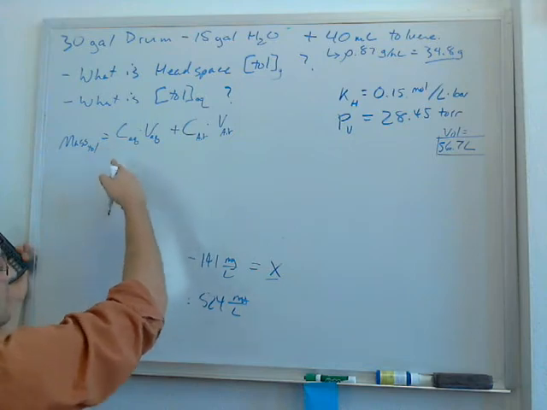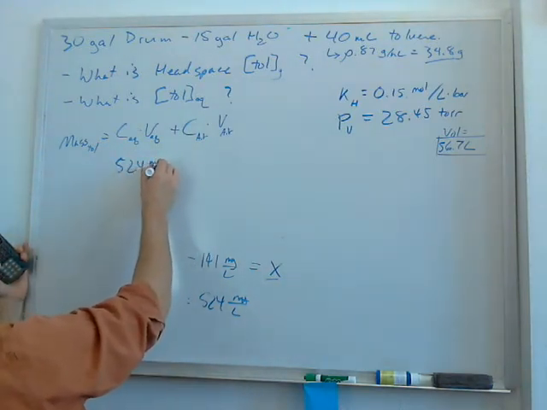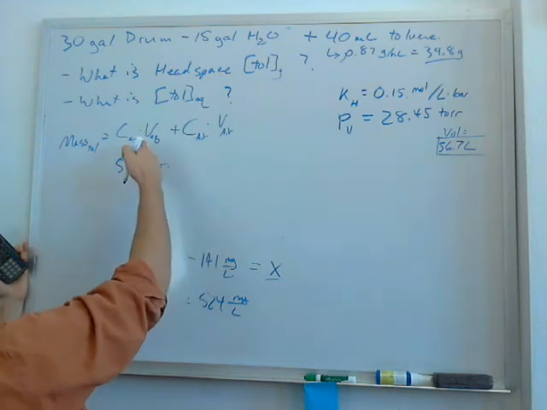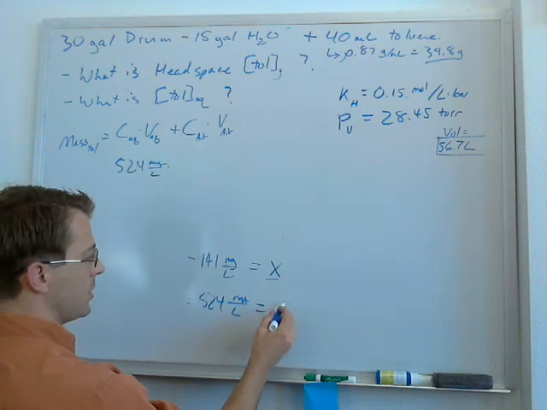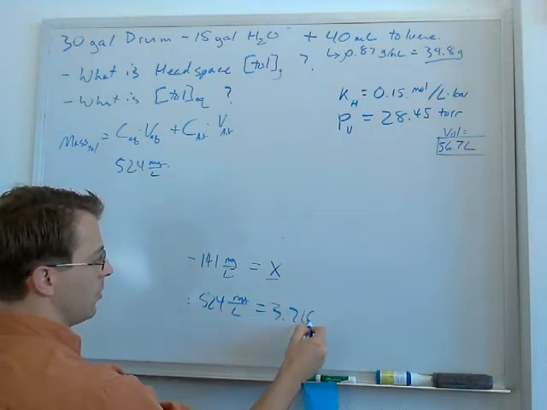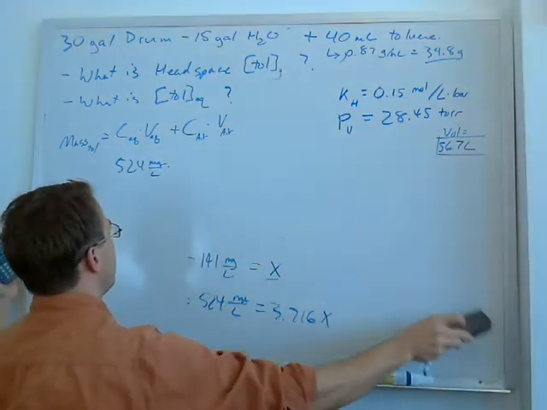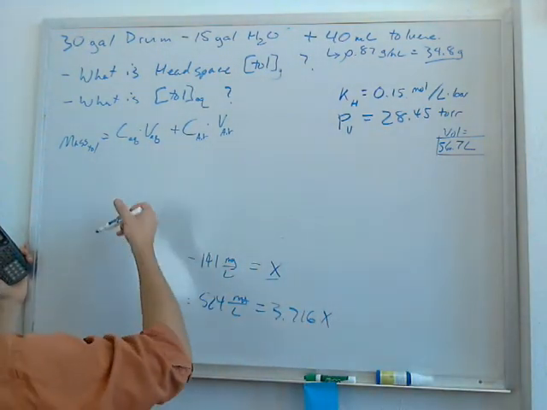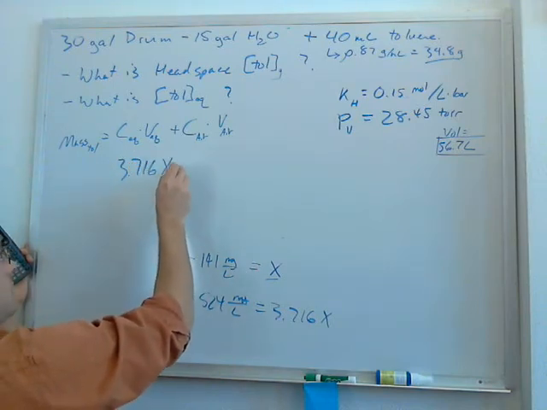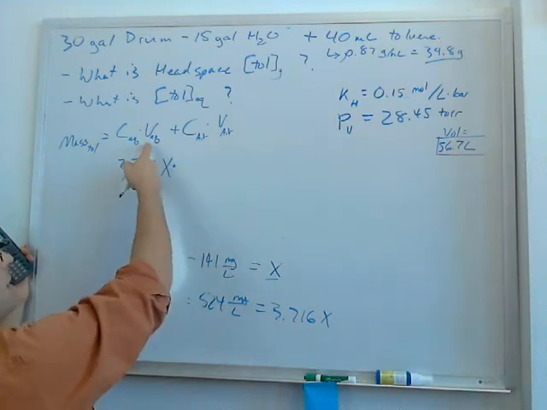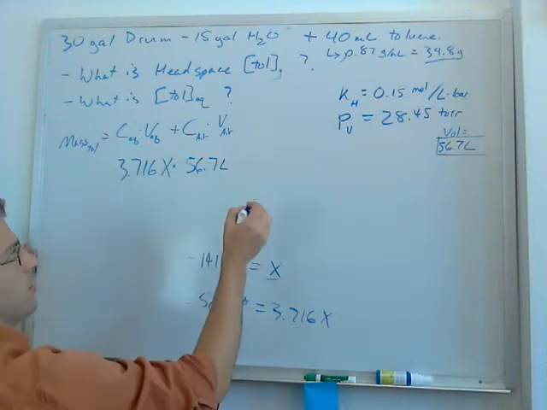So we have this concentration in the aqueous phase, which is 3.716x. So that's what we're going to plug in here, 3.716x, and then multiply that by our volume, which is 56.7 liters.